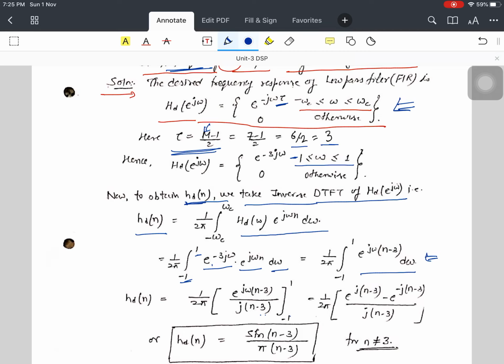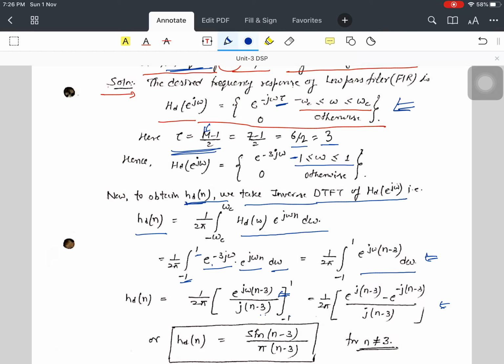Now we know the formula e^(jθ), so we can split this e^(jω(n-3)). The reduced function will be 1/2π (e^(j(n-3)) - e^(-j(n-3)))/(j(n-3)).